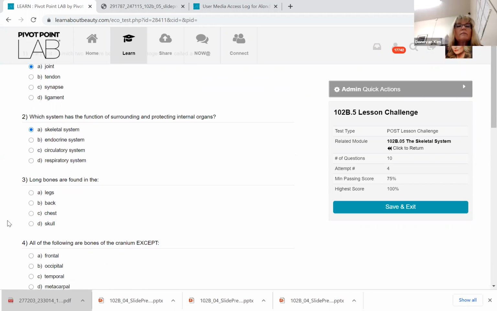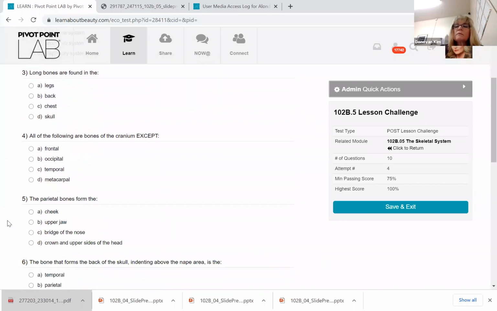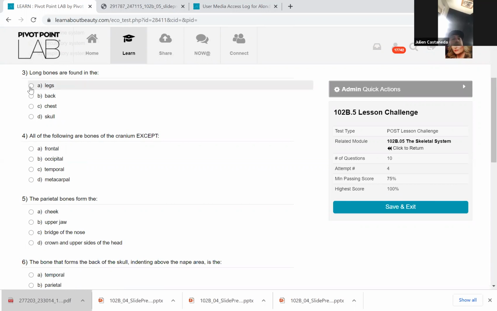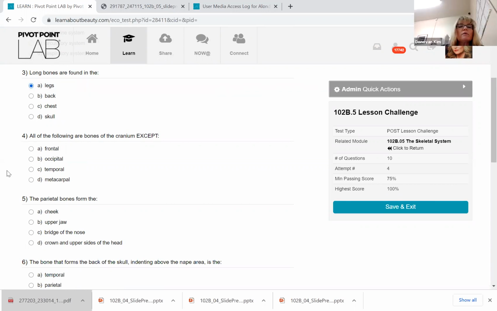Julian. Yes. 3. Long bones are found in the legs, back, chest, or skull. Legs. Okay. Alejandro, all of the following bones of the cranium except... We're on number 4.